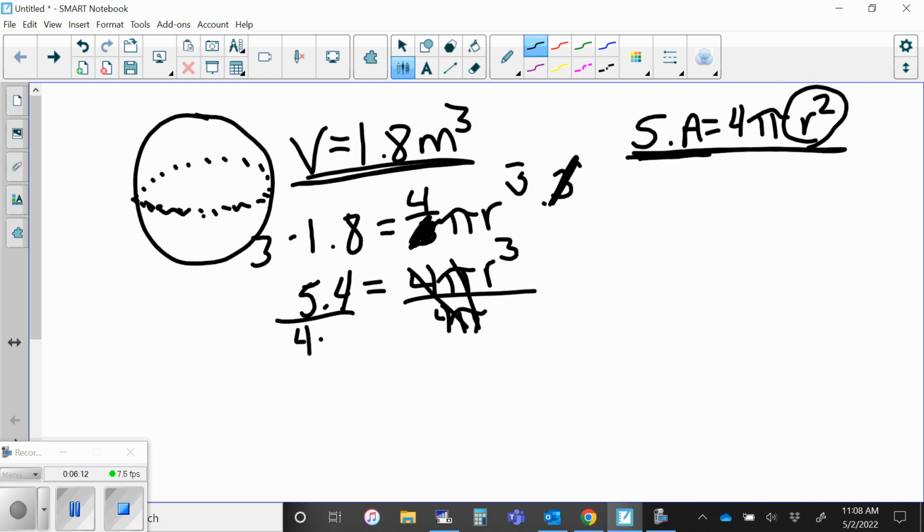Divide by 4 pi. So in my calculator, I'm going to hit divide and then parentheses, 4 times shift pi, close parentheses. When you close the parentheses, you're going to get 12.56.